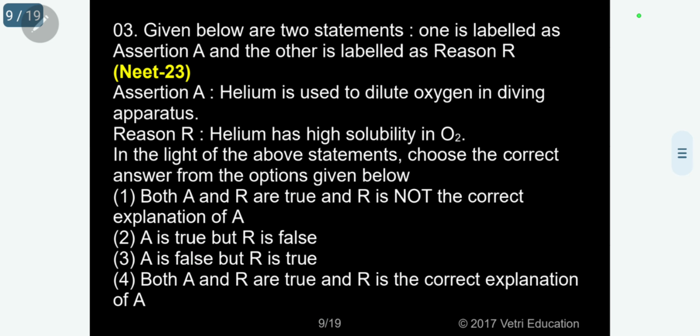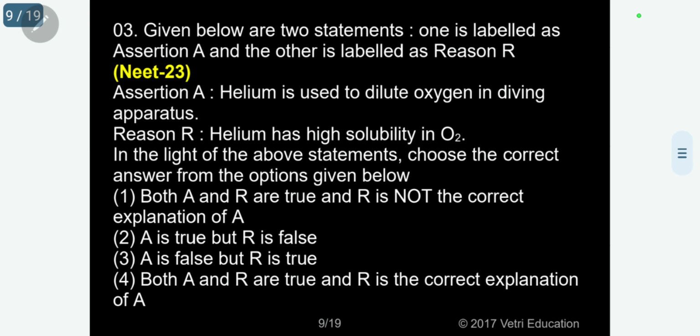Both A and R are true, and R is not the correct explanation of A. 2. A is true, but R is false. 3. A is false, but R is true. 4. Both A and R are true, and R is the correct explanation of A.